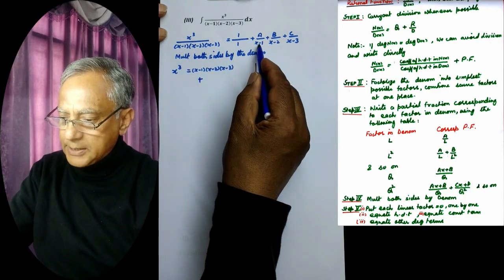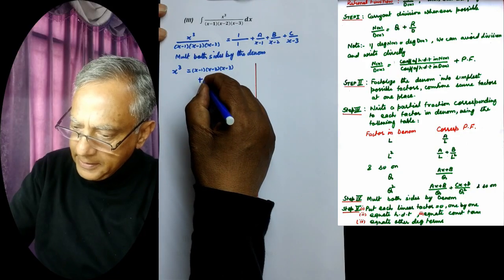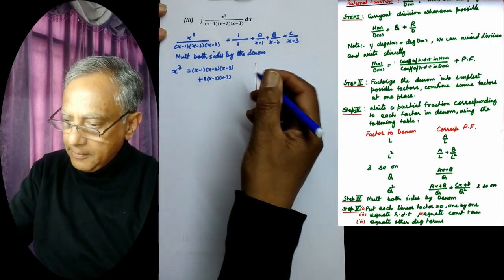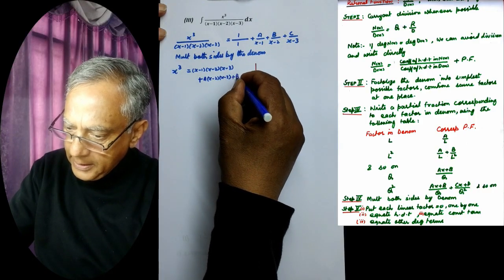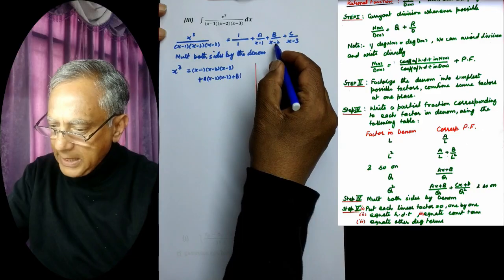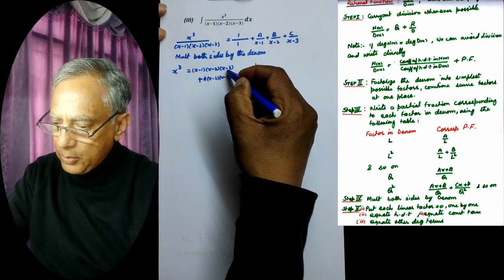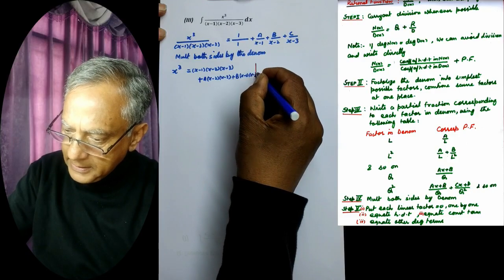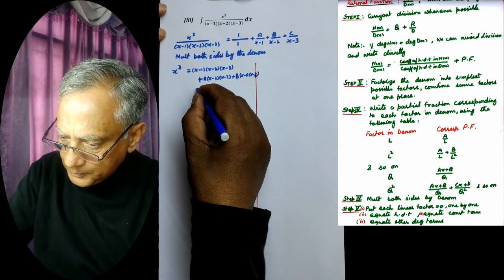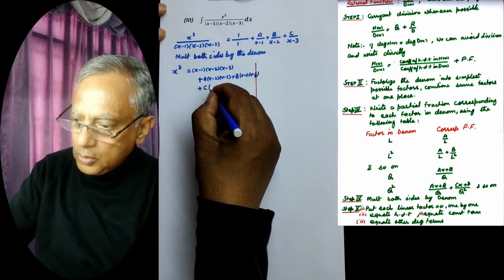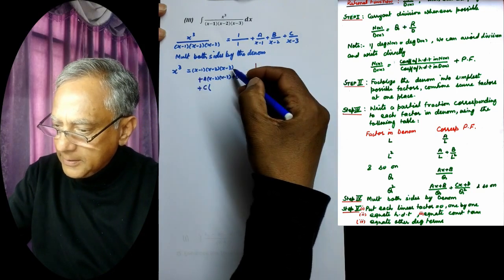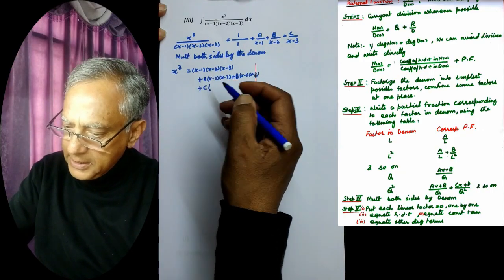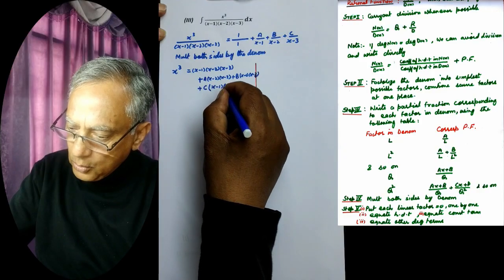So x minus 1 will cancel with x minus 1 and we will get A into (x minus 2)(x minus 3) plus B into, now x minus 2 will cancel with x minus 2, we will get (x minus 1)(x minus 3) plus C into, now multiply this with this, x minus 3 will cancel and we will get (x minus 1)(x minus 2).